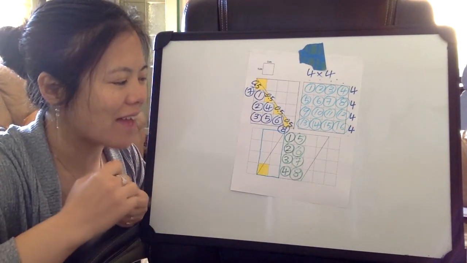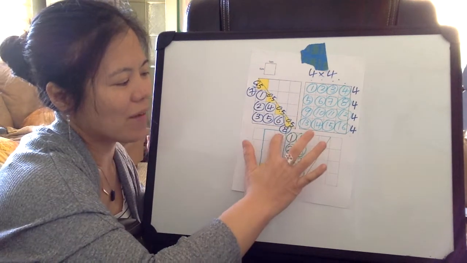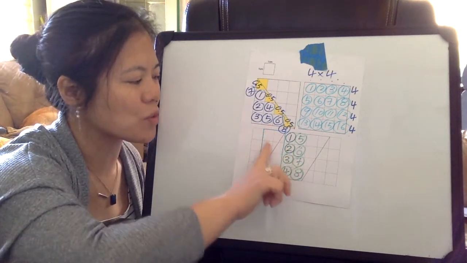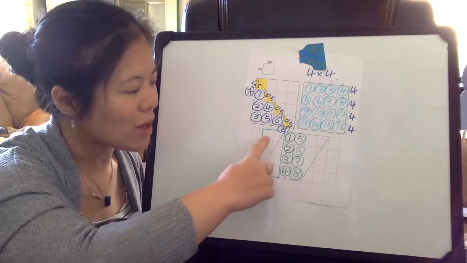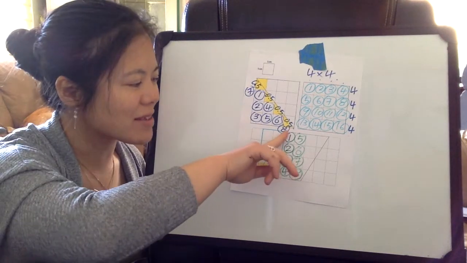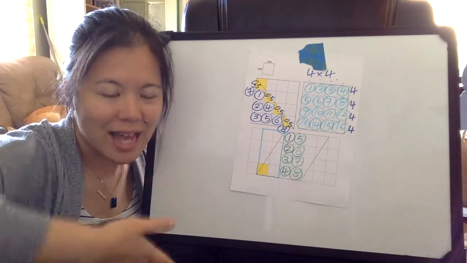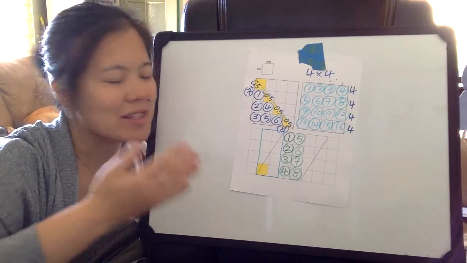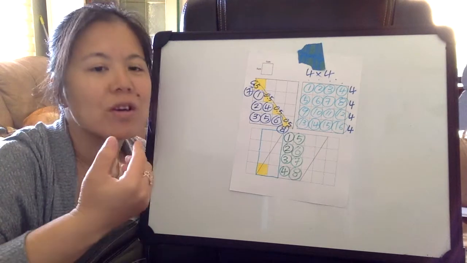So can I not say that it is almost the same as having 1, 2, 3, 4 full squares instead of having, because I have 1, 2, 3, 4, 5, 6, 7, 8 squares, but because this line is cutting this shape exactly in half, that means it's exactly the same as having 4 full squares.